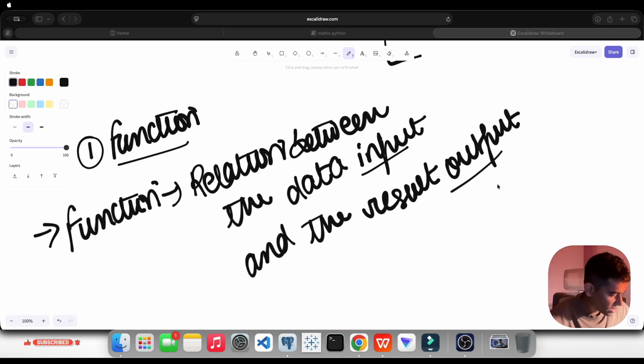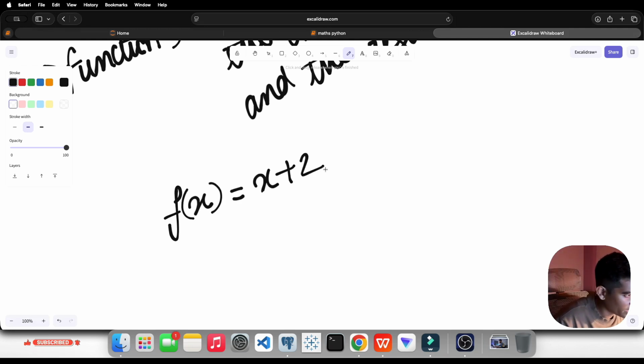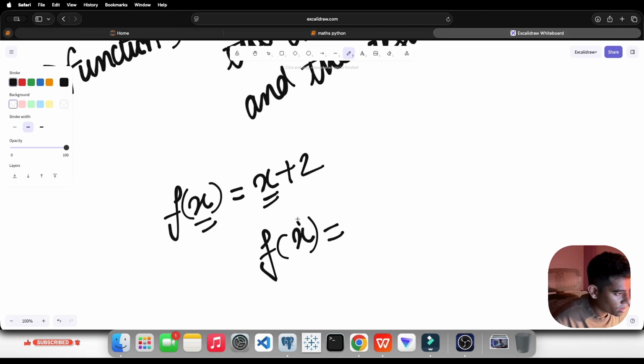That's it. If I talk to you about an example, suppose I say f of x equals x plus 2, what's the meaning of it? We have to give any value of x. Okay, that's it. Suppose I say f of x equals x plus 2 and x value equals 2, so what will be the output in this?